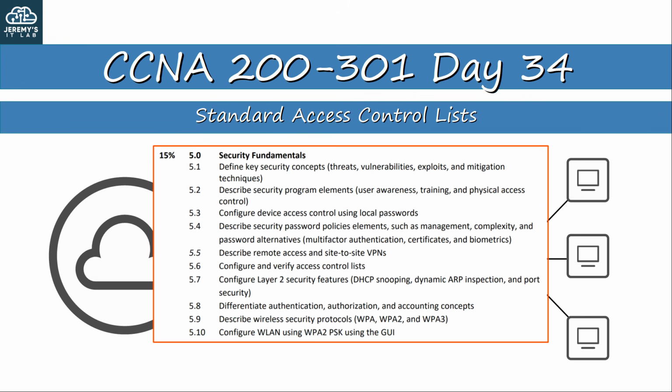Specifically, Topic 5.6, which says you must be able to configure and verify access control lists. It doesn't specify IPv4 or IPv6, but for the CCNA, you just have to learn IPv4 ACLs. Perhaps later I'll make an extra video introducing IPv6 ACLs, but currently it's not necessary for the CCNA.